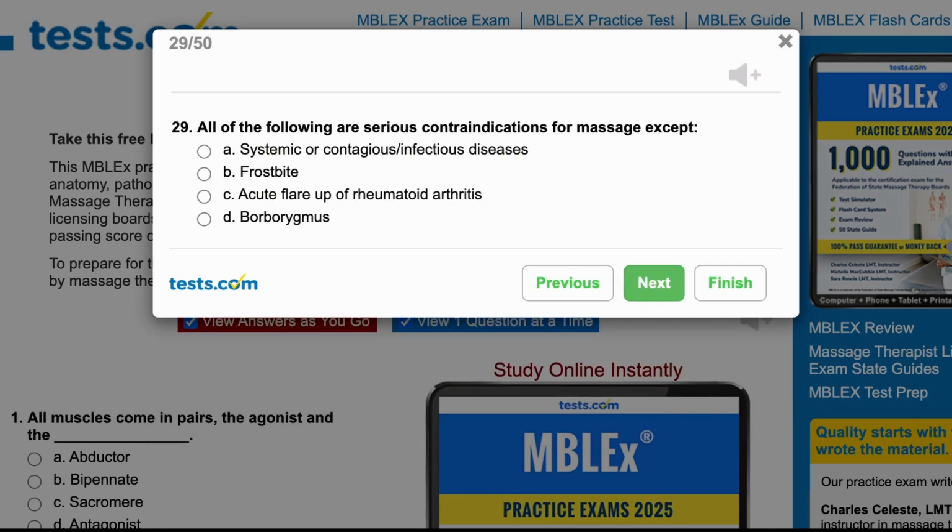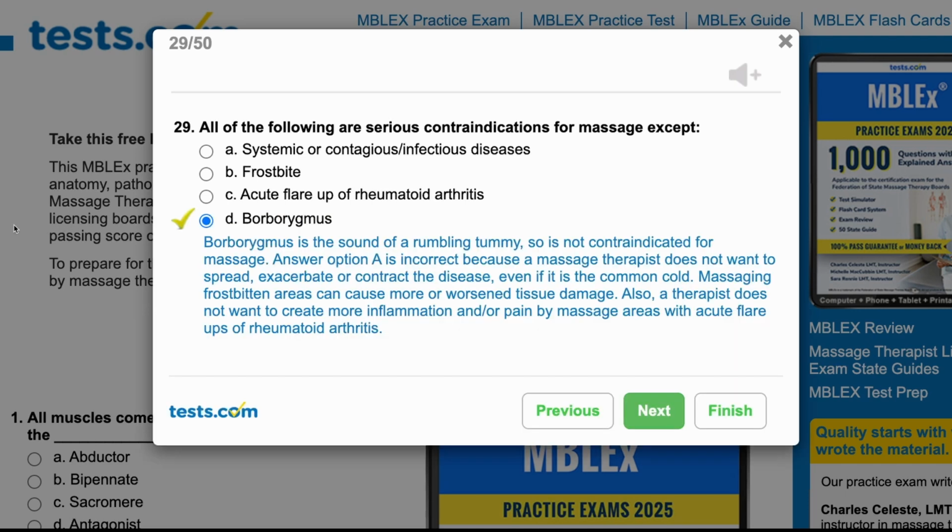Question 29. All of the following are serious contraindications for massage, except A, systemic or contagious and/or infectious diseases, B, frostbite, C, acute flare-up of rheumatoid arthritis, D, borborygmus. D, borborygmus is the sound of a rumbling tummy, so it is not contraindicated for massage.